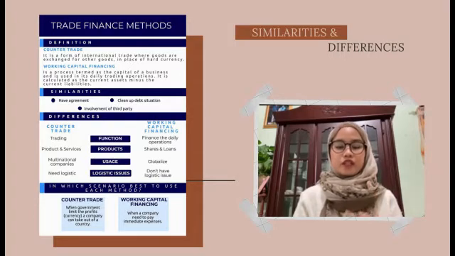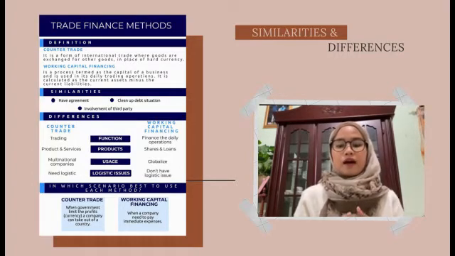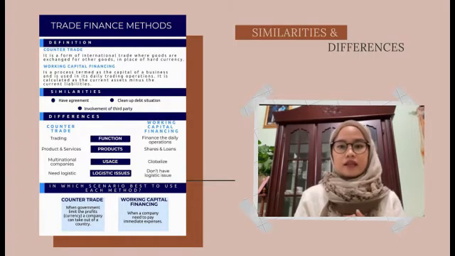Third, the usage. The usage for counter trade is multinational companies, and working capital financing usage is global. Next, logistic issue. Counter trade needs logistics, but working capital financing does not have any logistic issue.